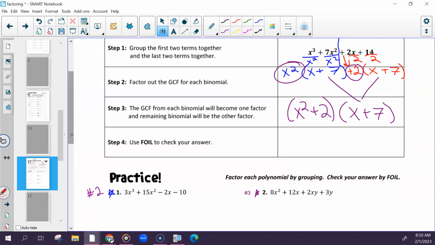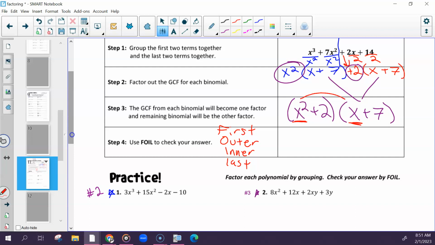So this says use FOIL. There are different ways to do this, but FOIL is first, outer, inner, last. So the first terms would be x squared and x.